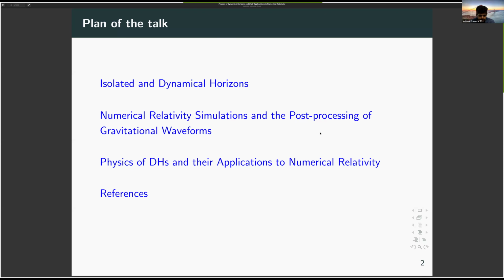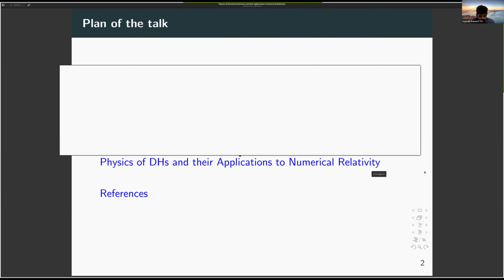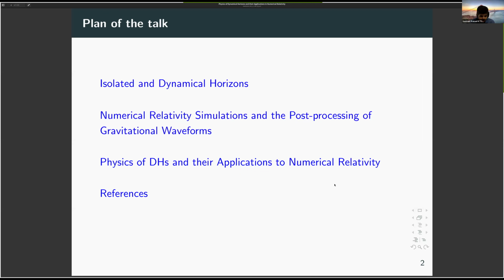I will also describe briefly the kind of post-processing that is required to prepare the gravitational waveforms computed through numerical relativity simulations and make them ready to be used in waveform models. Finally, I would like to spend the next half of the talk, hopefully, if I have that much time left, in describing some of the recent developments in the field.